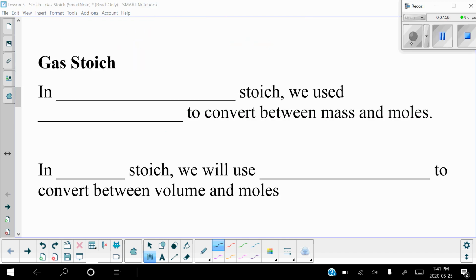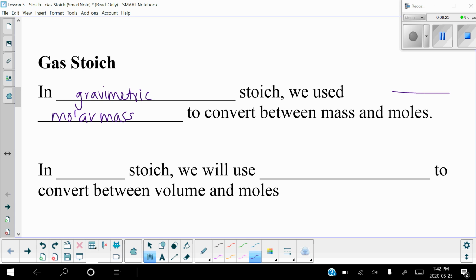Okay, so let's begin gas stoich. In gravimetric stoich, we used molar mass to convert between mass and moles.